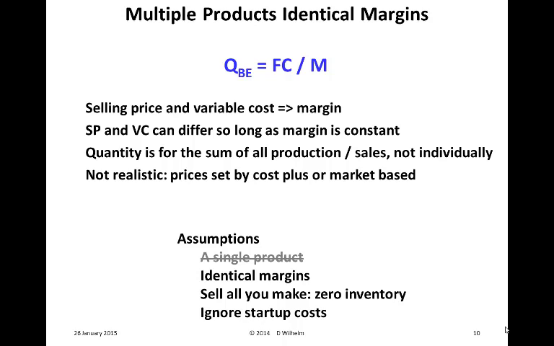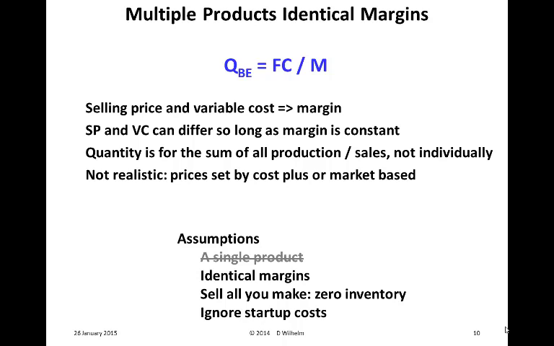If we have multiple products with identical margins, the initial break-even quantity oversimplified formula still works. And it doesn't matter what the selling price and variable costs are, because what we really want is the margin. So they can differ all over the place as long as the margin is constant.